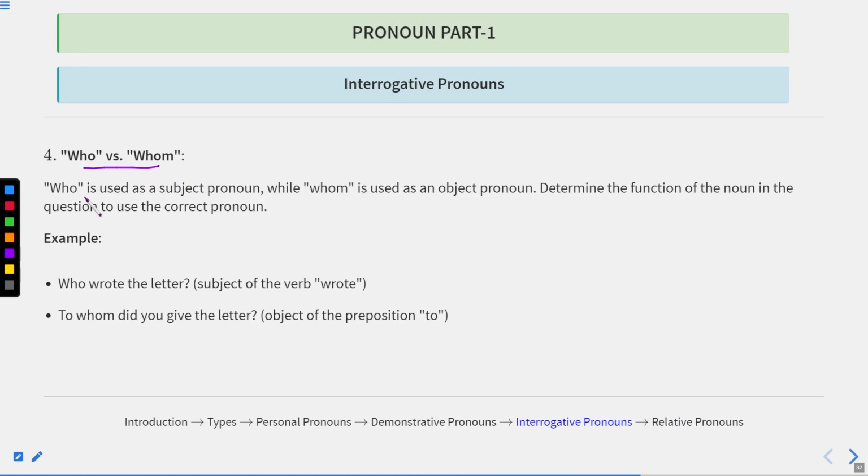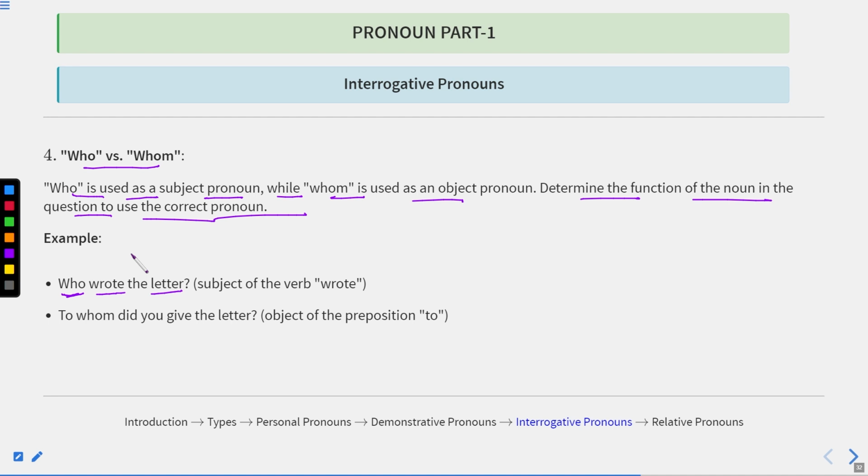Now, who versus whom. Who is used as the subject pronoun while whom is used as an object pronoun. Determine the function of the noun in the question to use the correct pronoun. Okay. Who wrote the letter? So who, it means if I say who wrote the letter, I can say he wrote the letter, she wrote the letter. So he and she are the subjects.